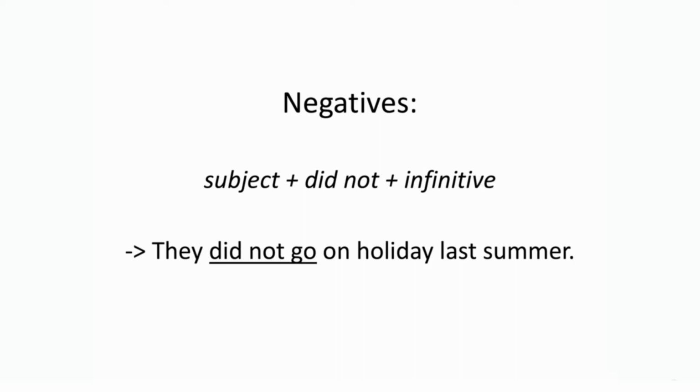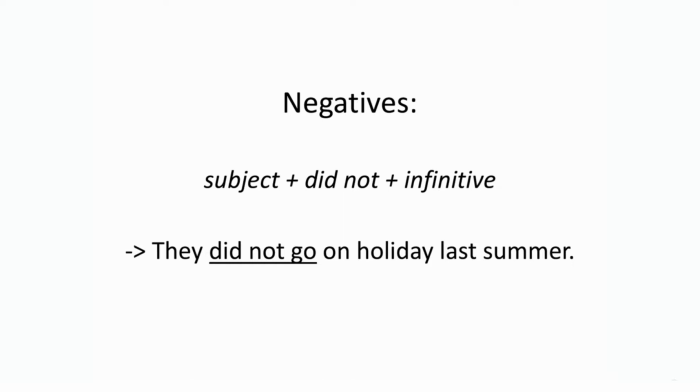Now, to form negative sentences in the past simple, we use the auxiliary verb did, which is the past tense of do. We follow the construction subject plus did not plus infinitive.